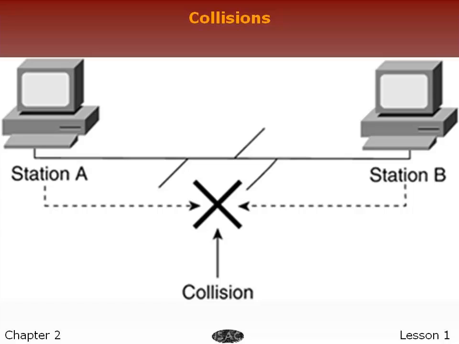Should Station A and Station B attempt to retransmit at the same time, they extend the amount of time each waits before trying again, decreasing the chance of resending data in the same time slot. The maximum number of retransmissions for the same data frame is 16. If the transmission fails after 16 consecutive times, the network is considered unavailable.